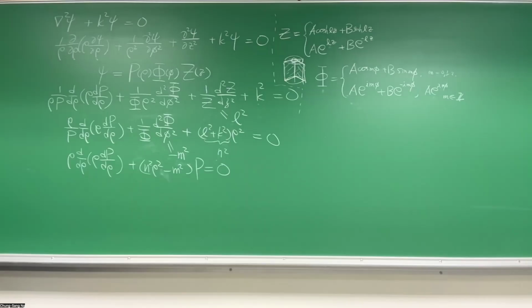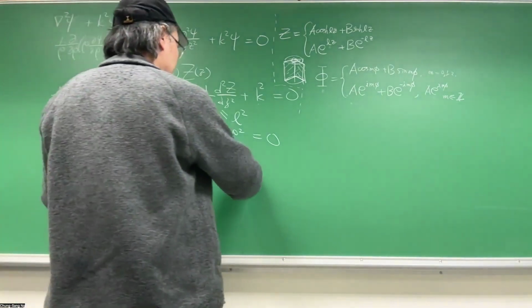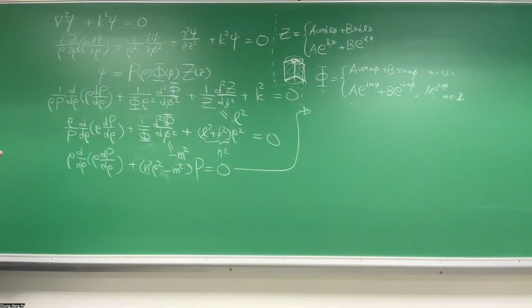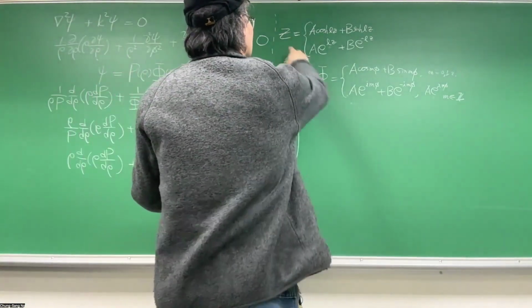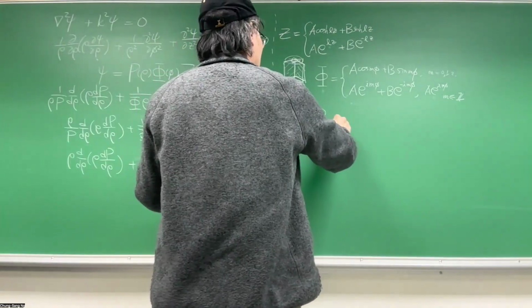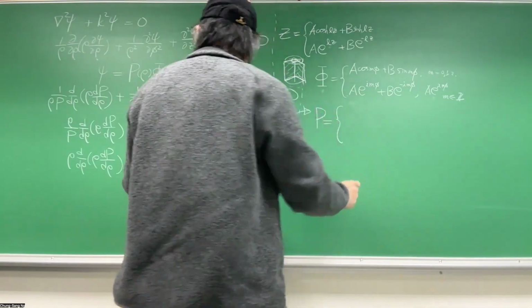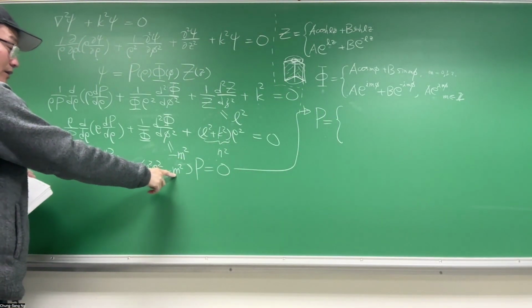Okay, and so that is the Bessel equations. All right, and the solutions, you have two equations. It depends on whether m is an integer or not.